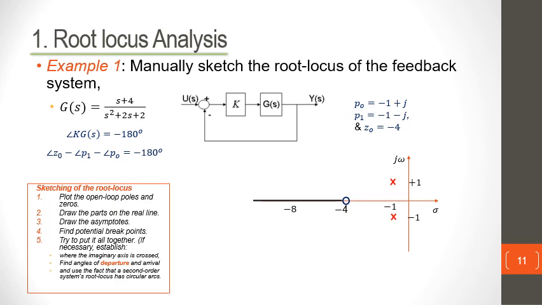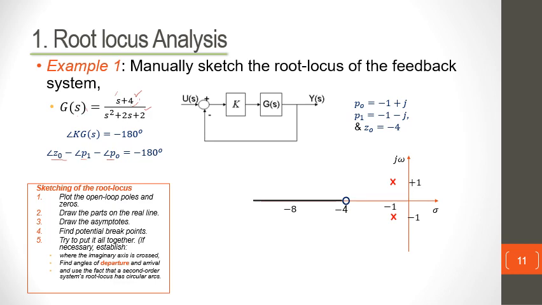Now, that means we can say the angle of the zeros, which are positive in this case, the angle of the root locus, which is minus 180 degrees, is equal to the angle of the zeros minus the angle of the poles. So in this case, we only have 1 zero and 2 poles. So we'll say, therefore, the angle of the zero, which is positive, minus the angle of the first pole minus the angle of the second pole is equal to negative 180 degrees.